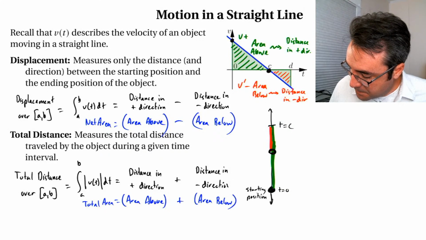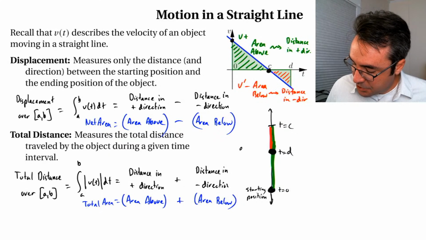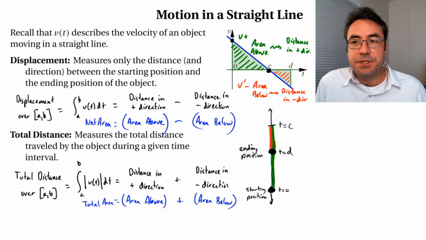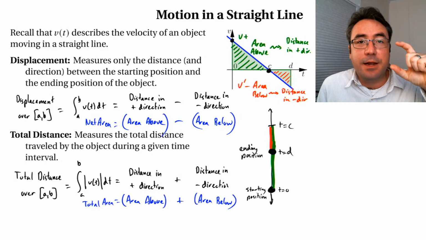So at time t equals d, maybe this is our ending position. This is where we end up. Displacement is only measuring the distance between where we start and where we stop.